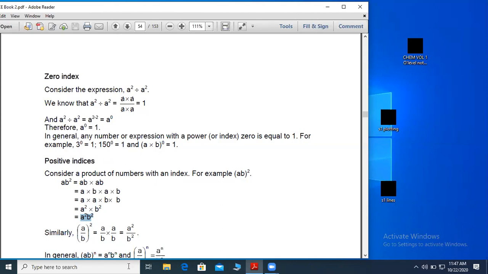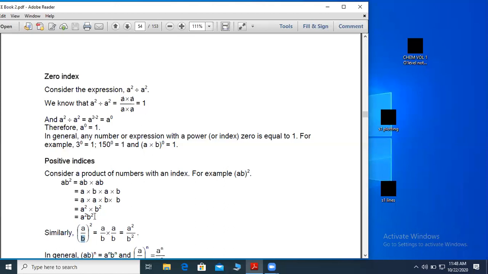So similarly, if we have a out of b squared, it is the same as having a out of b. The a out of b is the number, so it is the same as this number multiplying itself 2 times.